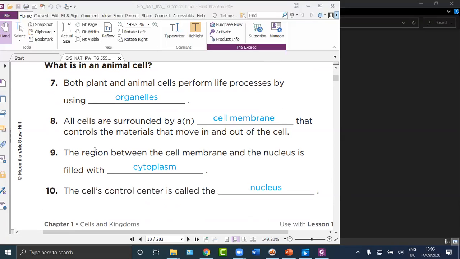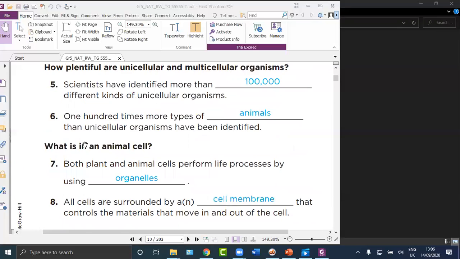Now, who can read all cells? All cells are surrounding... Adam Al-Hurani. I have a question. In my book, number 5, scientists estimate that there are more than 1 billion kinds of unicellular organisms.